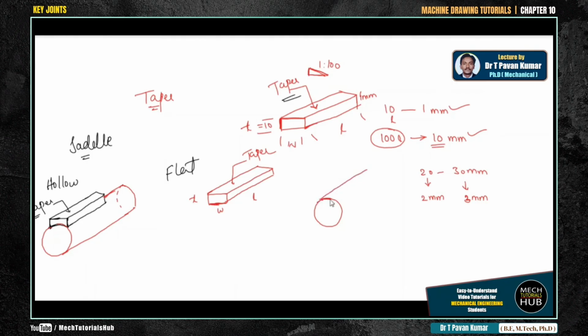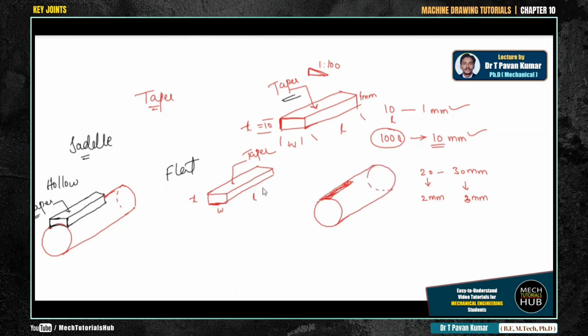Whatever the length maintained by the key, that portion they are supposed to file, because the bottom flat should be in contact with the top surface of the shaft, which otherwise contains circumference here. They'll prepare the shaft in this way, and the key is going to sit over here.